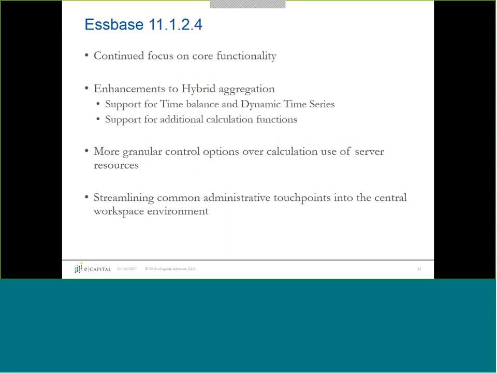In 124, we mentioned the improvements to hybrid. That's really the big win with 124. Support for time balance, dynamic time series, and just overall performance of hybrid as well.